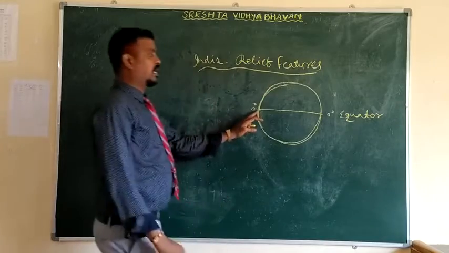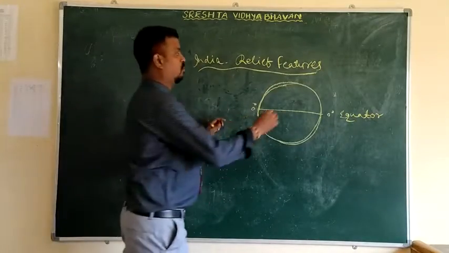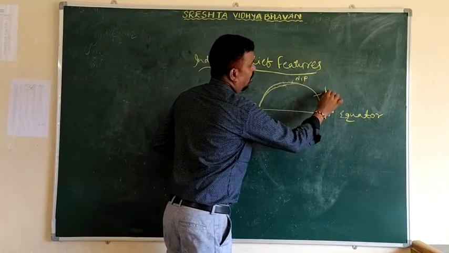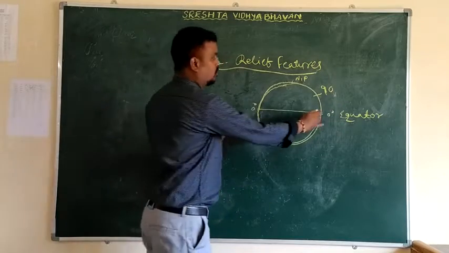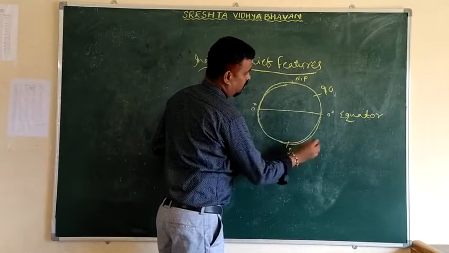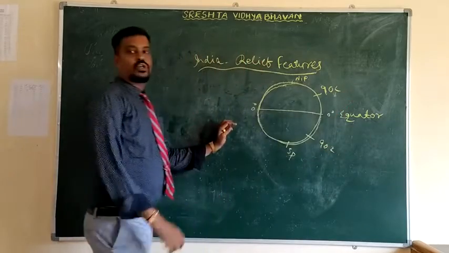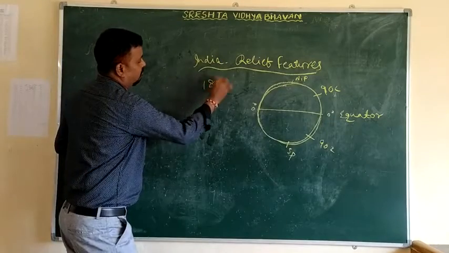From 0 degree latitude to the North Pole, 90 latitudes are there, and from 0 degree to the South Pole, 90 latitudes are there. So total 180 latitudes are there.